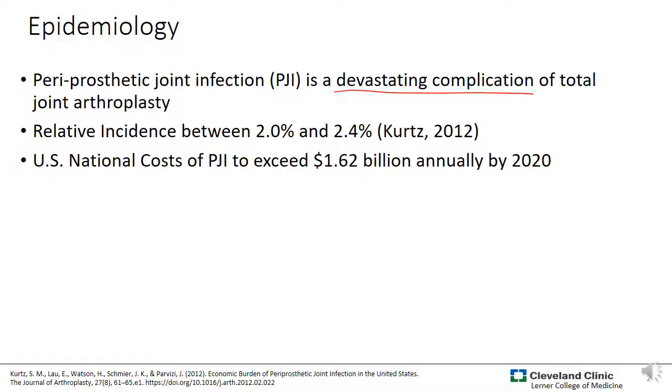As you'll see through the course of this presentation, it often requires multiple debridement procedures, removal of implants, and then multiple procedures before the reimplantation of prostheses, if that does occur at all. Because of this tremendous burden, it has a huge economic cost, and it's projected to be about 1.62 billion annually by the year 2020.